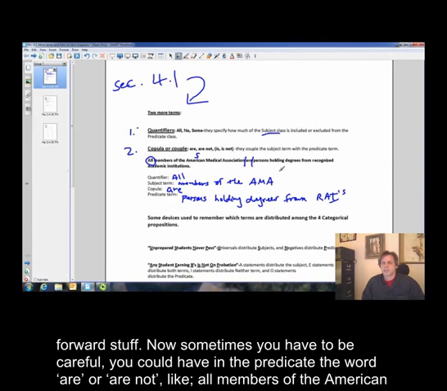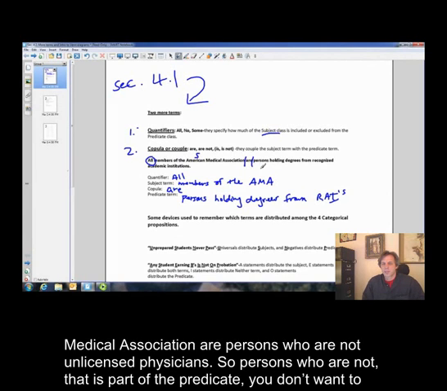Now, sometimes you've got to be careful. You could have in the predicate the word are or are not, like all members of the American Medical Association are persons who are not unlicensed physicians. So persons who are not, that's part of the predicate.